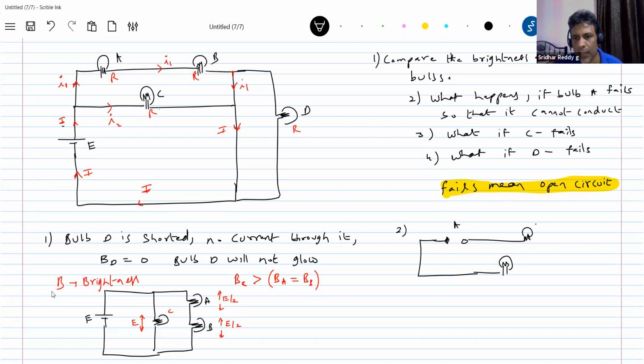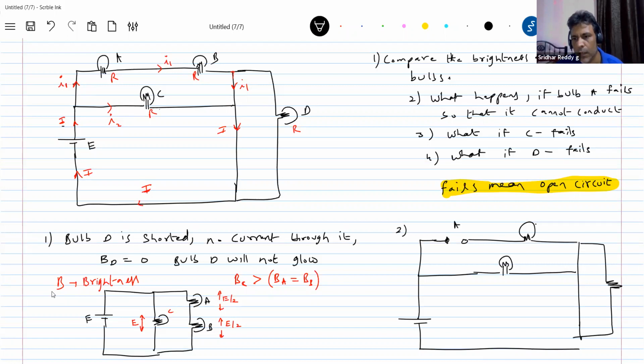This bulb B is still there. This is bulb D, C, and this is B. Now, what is the path of current? Trace the path of current. So current I will take a path like this.